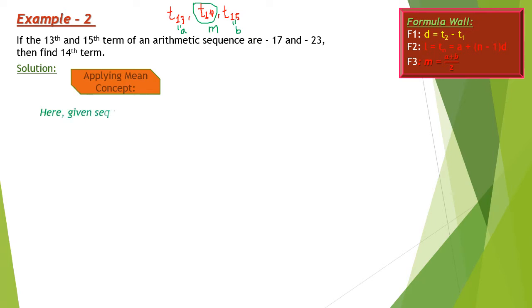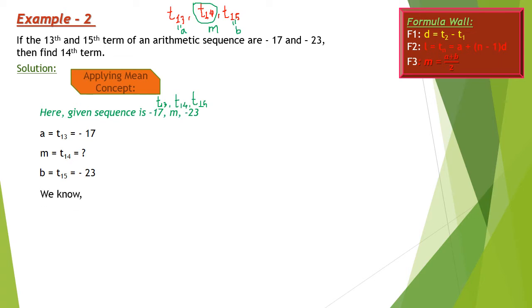Here the given sequence is minus 17, M, and minus 23. As this is T13, M is T14, and our minus 23 is T15. Okay, now let's write A is equal to T13 is equal to minus 17, M is equal to T14 is equal to what, and B is equal to T15, the 15th term, minus 23.